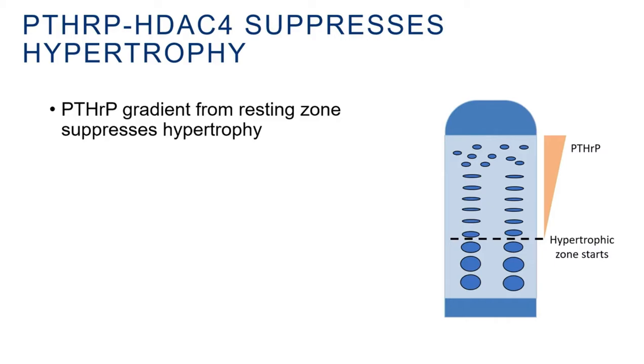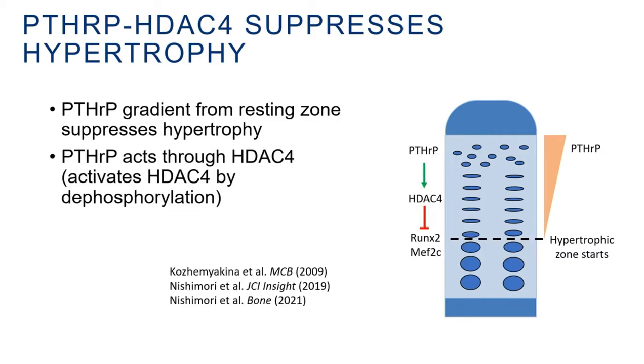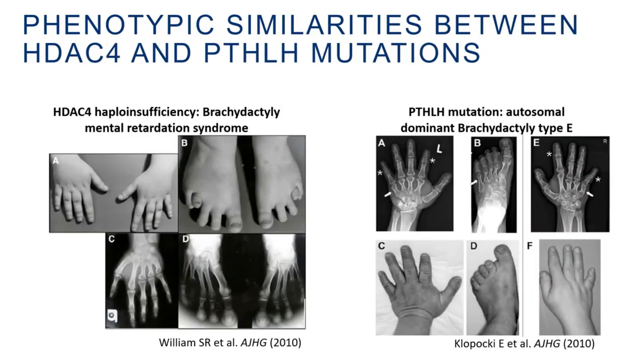It's when PTHrP level drops below a threshold. And it turns out this effect of PTHrP is mediated through activation of HDAC4, which then determines where RUNX2 and MEF2C are expressed in the growth plate. Importantly, this helps explain why HDAC4 haploinsufficiency and PTHrP mutation share a quite similar skeletal phenotype, where PTHrP mutation causes autosomal dominant brachydactyly type E.